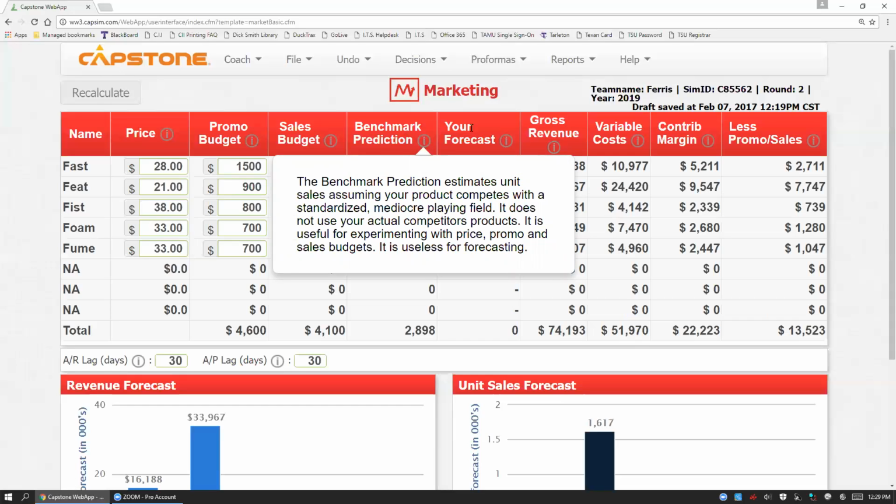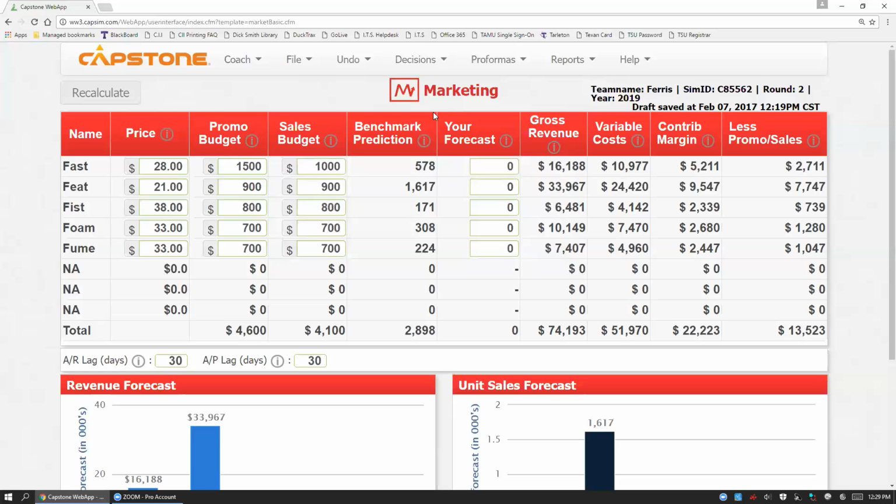Since the benchmark prediction shouldn't be utilized as a forecast, how should you forecast? There are methods provided to you within the player's guide, member's guide. One such method is looking at your sales in the current round and applying the segment's growth rate to those sales.